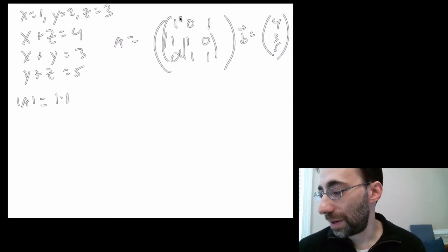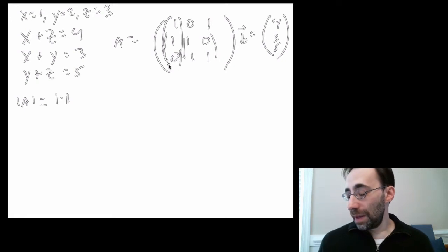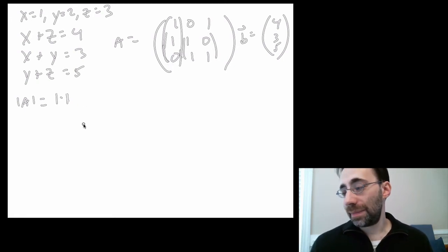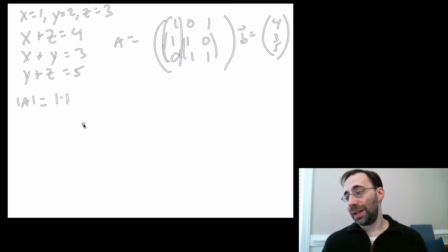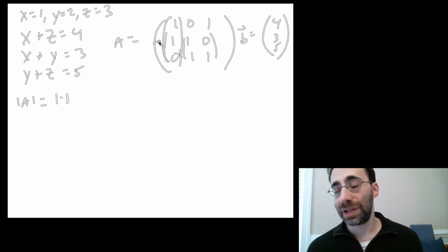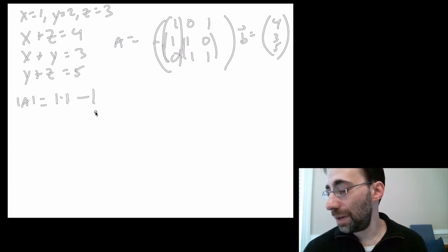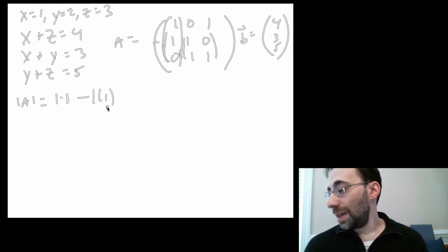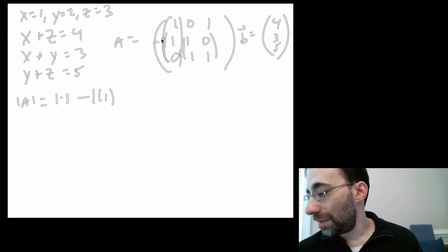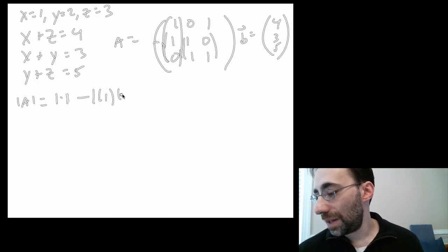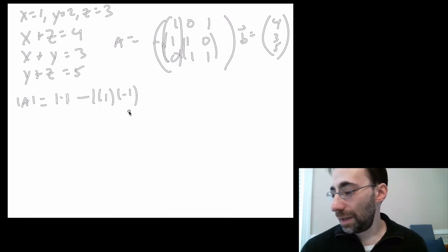Remember, we're expanding along this column right here. Plus negative 1 to the i plus j. Here we're on the second row, first column, so that's negative 1. So we have minus 1 times 1. Then we get rid of the middle one and the first column, second row, that leaves 0, 1, 1, 1. That's negative 1, equals 2.